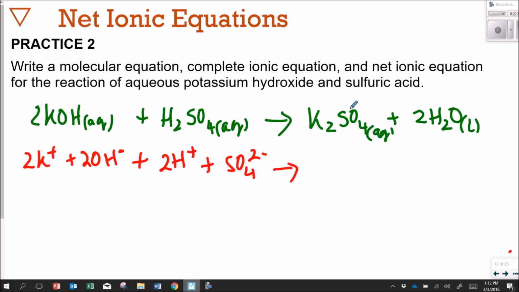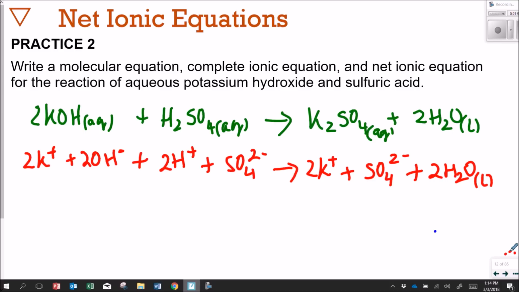Potassium sulfate is soluble, so it will dissociate. So we have again 2K+ plus SO4 2-. And then we have our water molecule as H2O liquid.